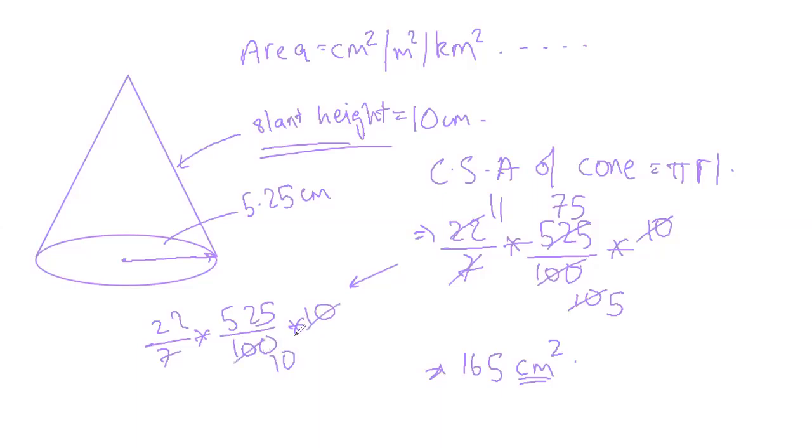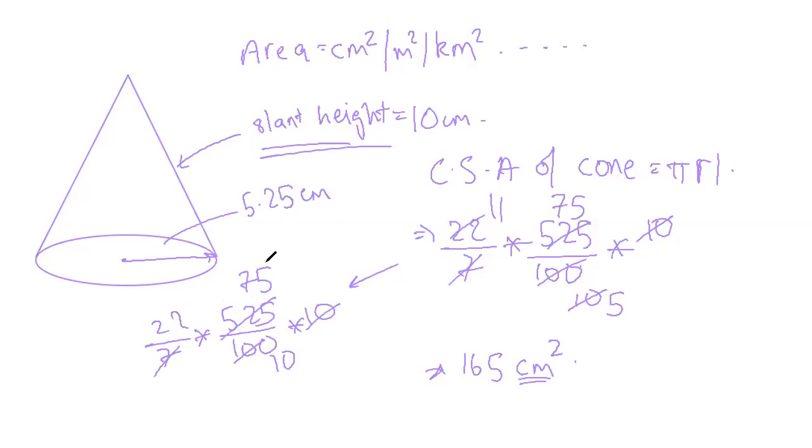Whenever you get 10, 100, 1000 or 10,000, anything with zeros after 1, never touch it, because if you touch them, then the sum gets more complicated, and in your exam you can't use a calculator. So never touch 10. So 75 is in 525, and we'll solve 22 into 75.